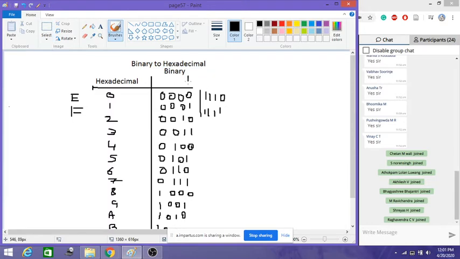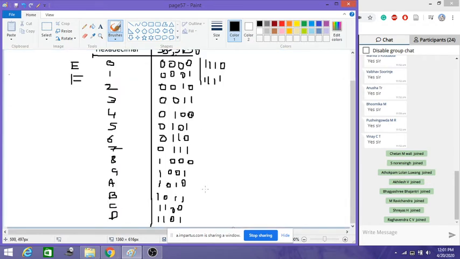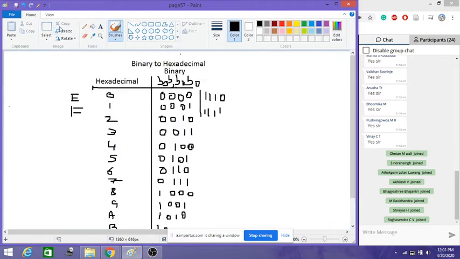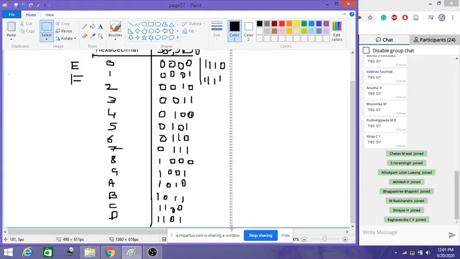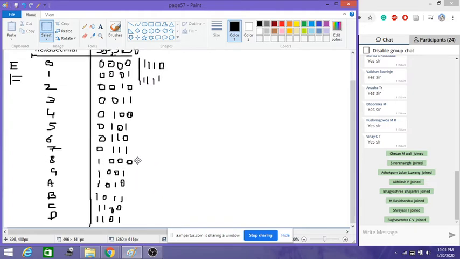This is B0, this is B1, this is B2, and this is B3, the bit positions. I had no space at the bottom, so I wrote the remaining two, E and F, equivalent binary on the right side. Now let us look into this conversion. I'll move this entire thing.